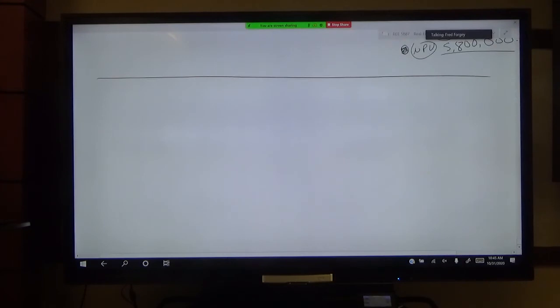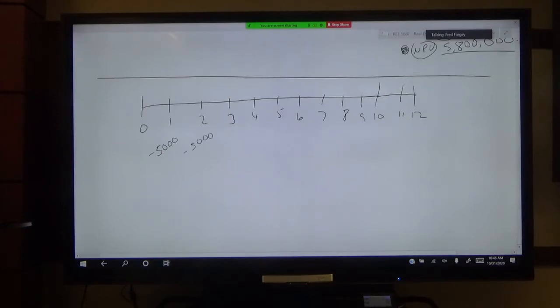All right, so let's just say that we've got it monthly. So we've got months 1, 2, 3, 4, 5. And let's say that our expenses could be anything, but let's just keep the number small: $5,000 a month, maybe for the first 4 months.